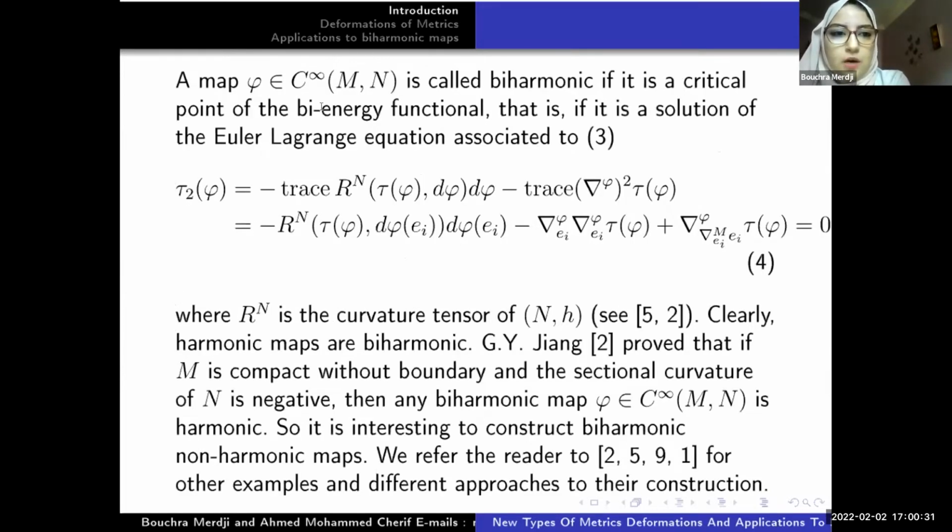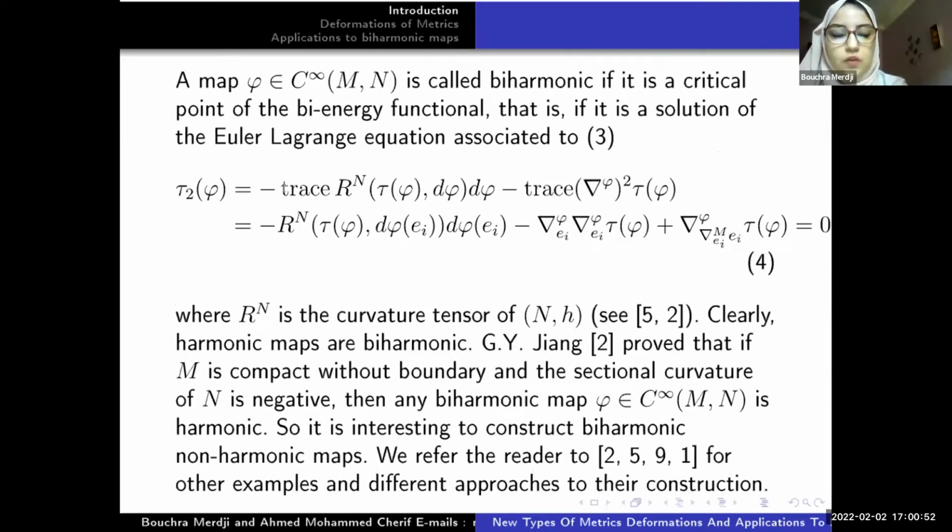So now we go to biharmonicity of any differentiable map. A map varphi is called biharmonic if it is a critical point of the bi-energy functional, that is, if it is a solution of the Euler-Lagrange equation associated to 3. The bi-tension field of varphi is given by this equation.